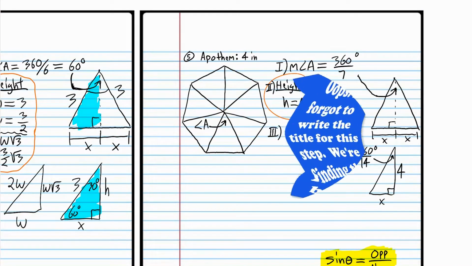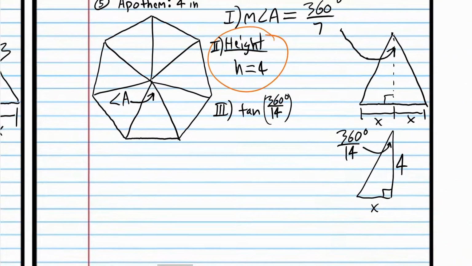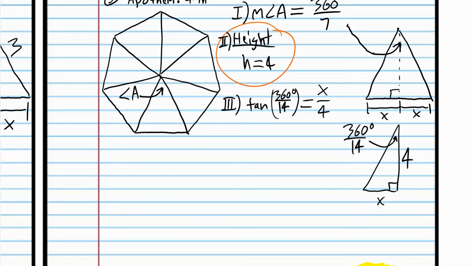And this is where it comes in handy, keeping this fraction here. We don't want any round off errors, so we're going to write tangent of 360 over 14 degrees, and it's probably best to put that in parentheses, equals side opposite over the adjacent. And then, of course, x equals 4 times tangent 360 over 14.